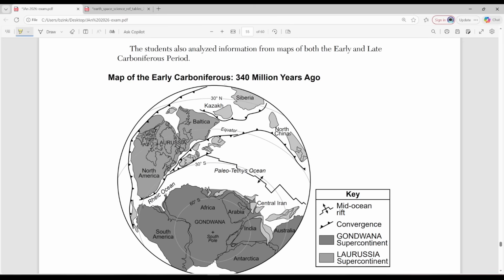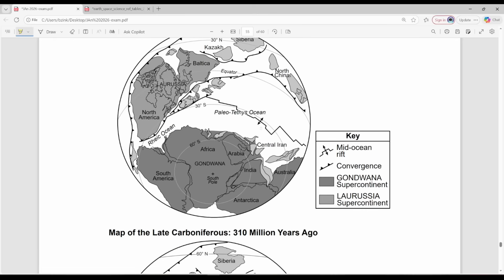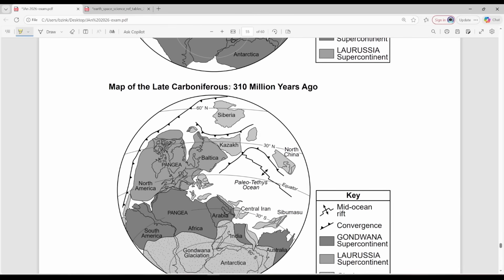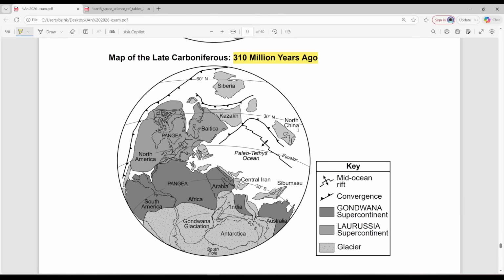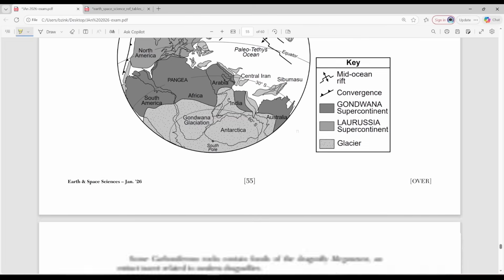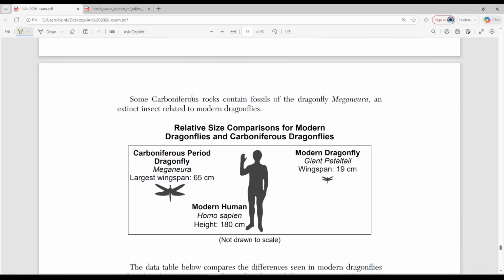Okay, we got 340 million years ago, 310 million years ago. Okay. Some Carboniferous rocks contain fossils of the dragonfly Meganeura, an extinct insect related to modern dragonflies. It's a big dragonfly.